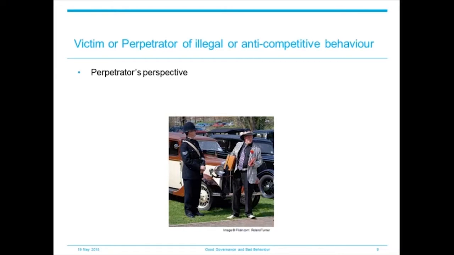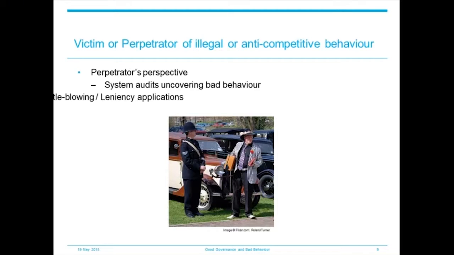So, how can e-discovery be used to help when a company believes it's maybe the victim or the perpetrator of anti-competitive or illegal behaviour? From a perpetrator's perspective, proactive e-discovery can be essential. For example, if, after a thorough audit of their system, they realise that employees have been taking part in potentially anti-competitive or illegal behaviour, they can seek early advice from legal advisors as to the best course of action.